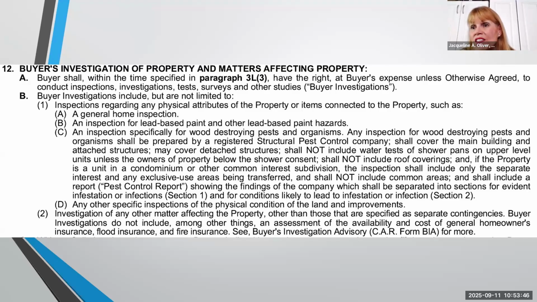That's usually the way it was. And then they would pay for a clearance on the termite. So they would do the work if there was any work. Usually there's a little bit of work to do. So they'll do work and they'll get that certificate of compliance that it's clear.